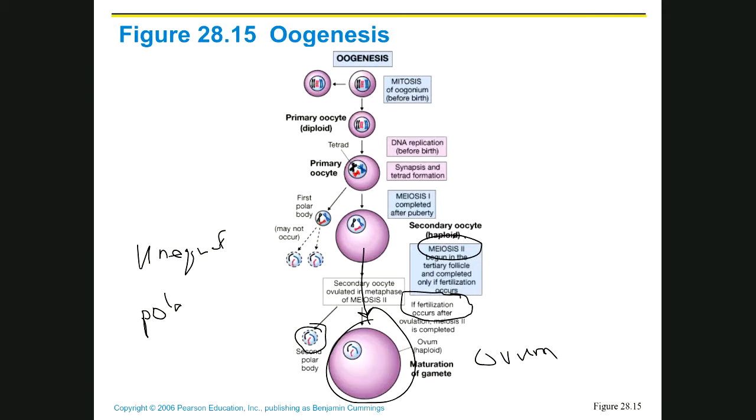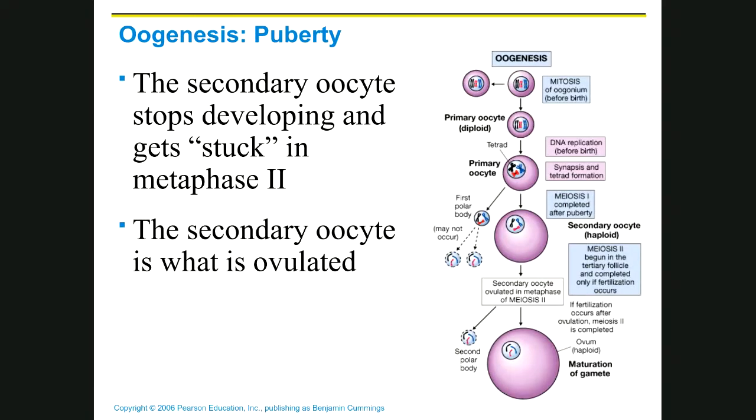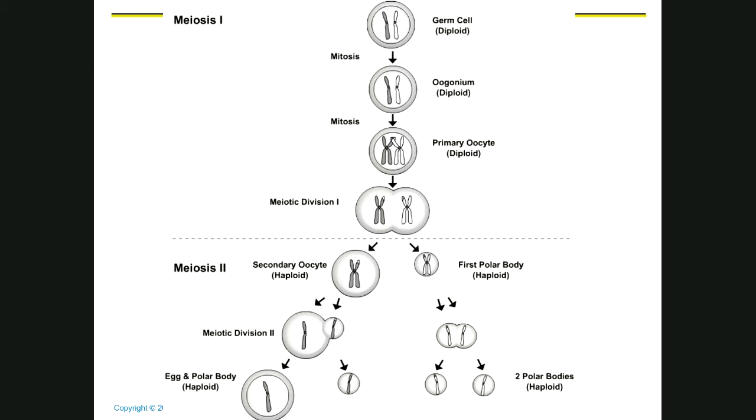And so if you look at what we get, 4 cells, just like we said we were going to, but not 4 functional cells. We get 1 functional cell and 3 little bitty things, 3 polar bodies, which are not functional.